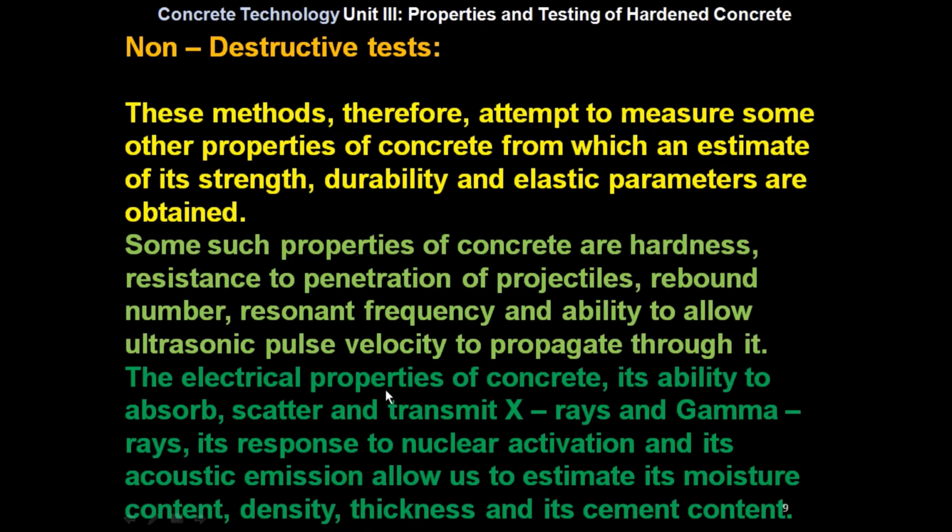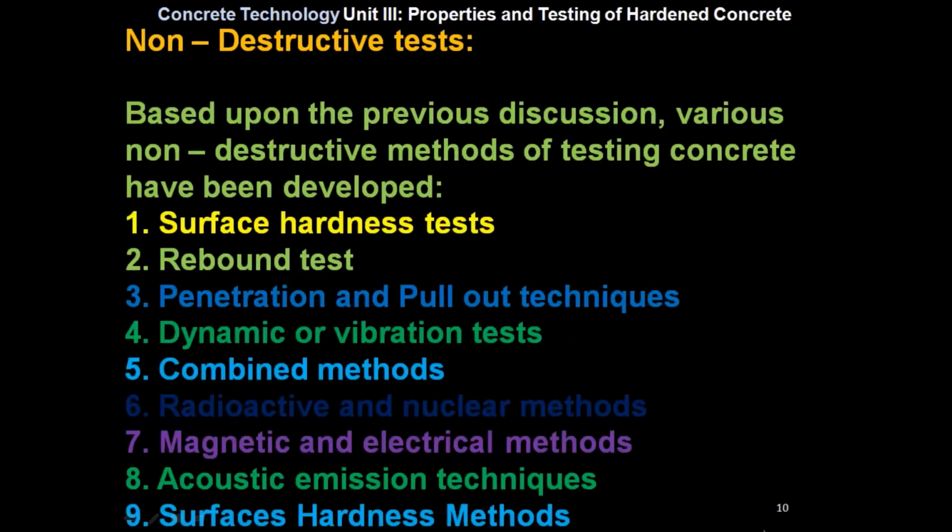The electrical properties of concrete, its ability to absorb, scatter and transmit X-rays and gamma rays, its response to nuclear activation and its acoustic emission allow us to estimate its moisture content, density, thickness and its cement content.